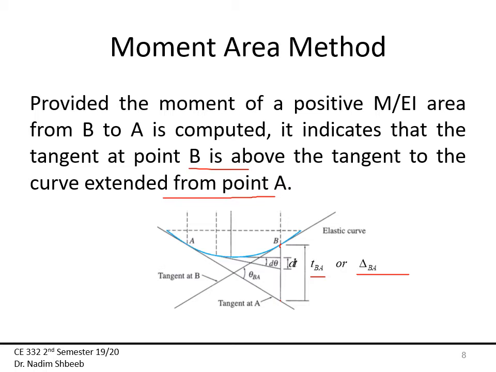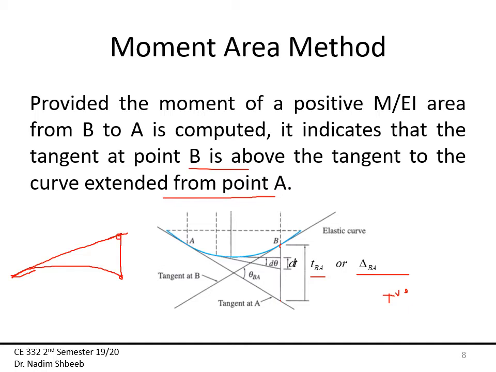You're going to see me using sometimes tBA or delta BA; it's the same thing. Again, it's the vertical deviation between point B on the elastic curve and the tangent coming from point A. If this value is positive, then B is above the tangent. If it is negative, let's say I'm drawing this like that, and extending a slope from point A, and this is the drawing that I'm using.